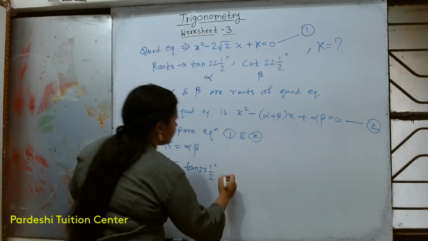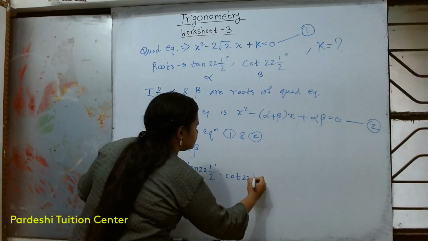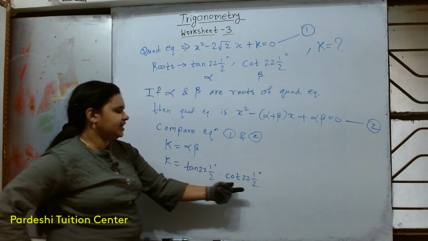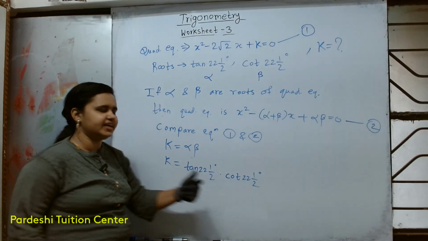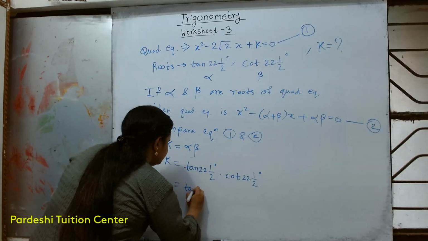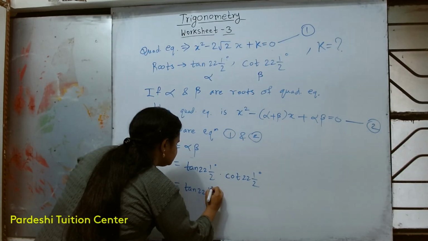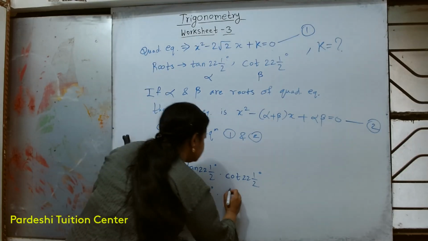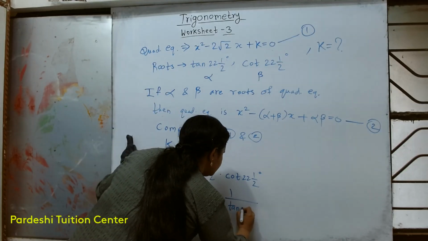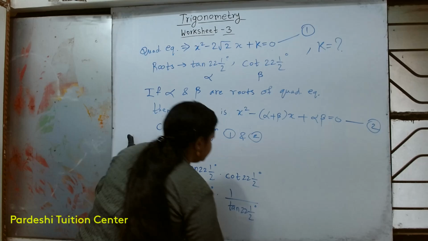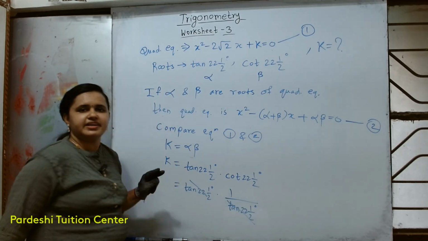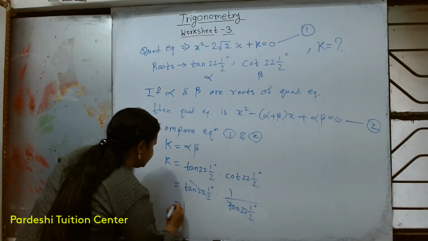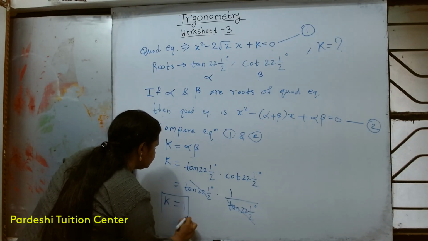Cot is the inverse of tan, so we can write cot as 1 upon tan. So it will be tan 22.5 degrees into 1 upon tan 22.5 degrees. The tan 22.5 terms cancel and we get k equal to 1.